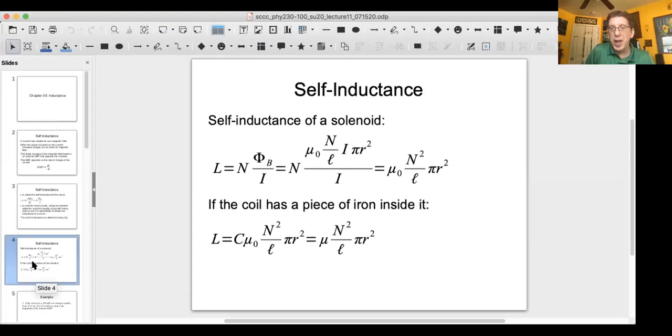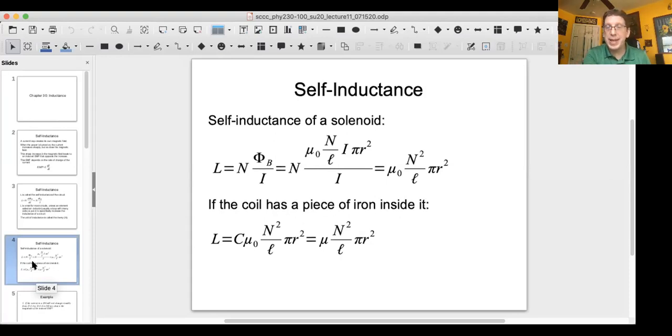So the magnetic flux of a solenoid is equal to the magnetic field times the area. And remember, the solenoid is a cylindrical coil with capital N turns of length L and radius R. So the magnetic field is mu naught times capital N over L times I. That's the magnetic field inside a solenoid.